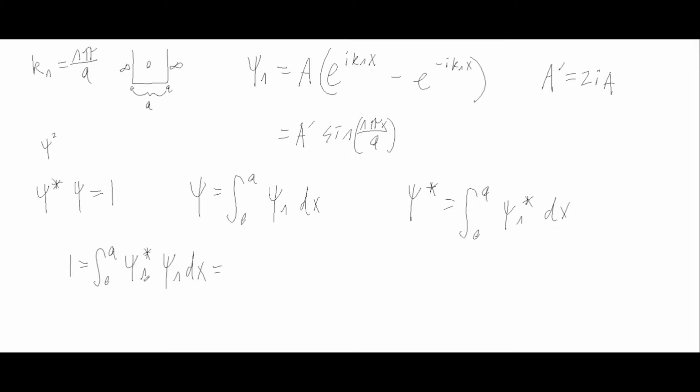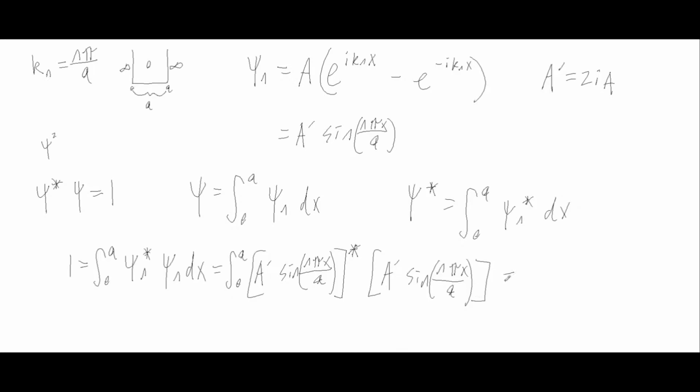Then we substitute in the wave functions: the integral from 0 to a of A prime sine of n pi x over a, multiplied by the complex conjugate, A prime sine of n pi x over a.